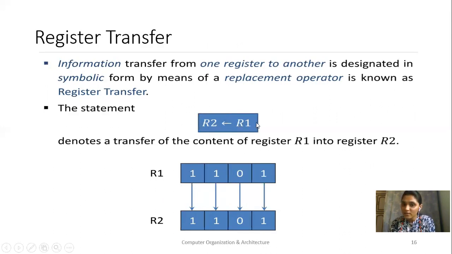By performing this operation, all the bits of register R1 will be stored into register R2: this 1 will be here, this 0 will be here, this 1 here, this 1 here. So in a loading operation, you are transferring bit by bit to its equivalent position. This is called register transfer, or just a loading operation, loading the content of one register to another register.